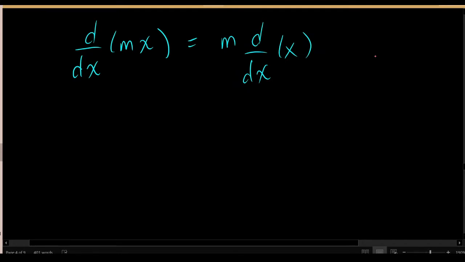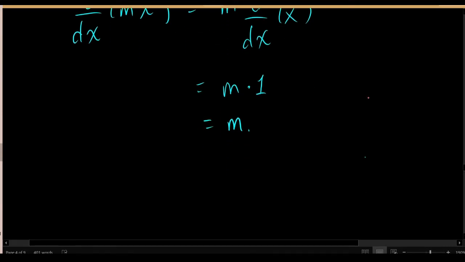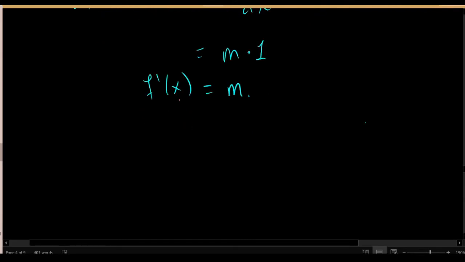Now we've calculated the derivative of x before. The derivative of x was equal to 1. So the derivative of a linear function, f of x equals mx, is equal to a constant function, just the number m.